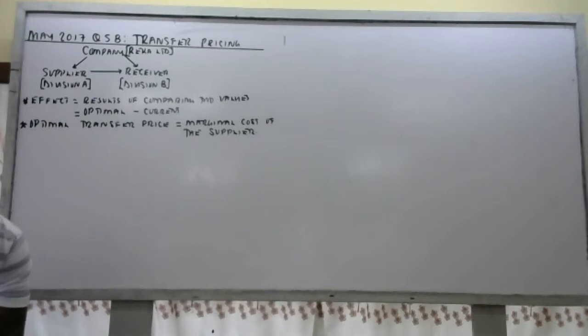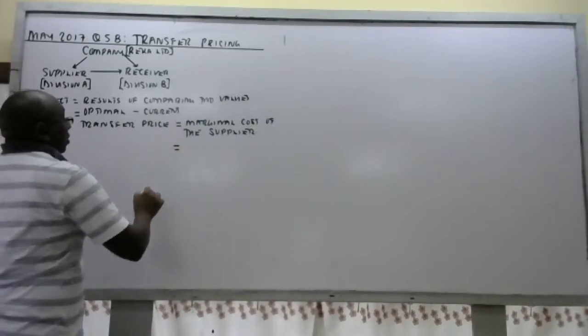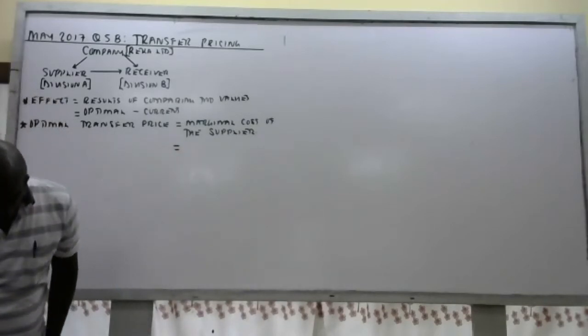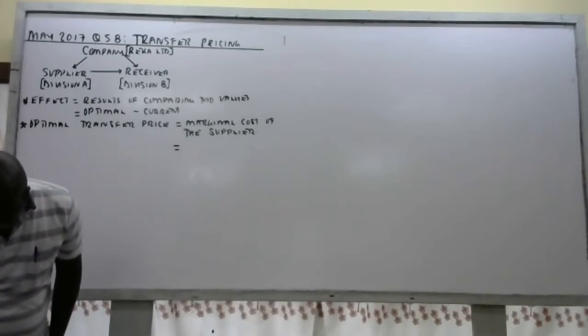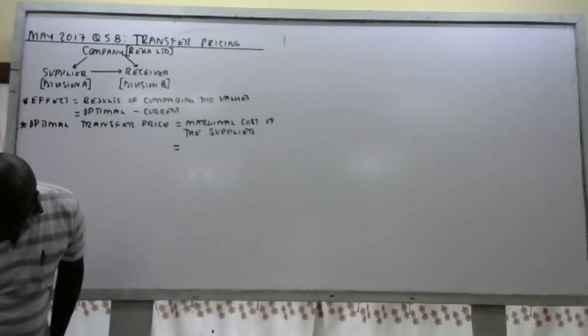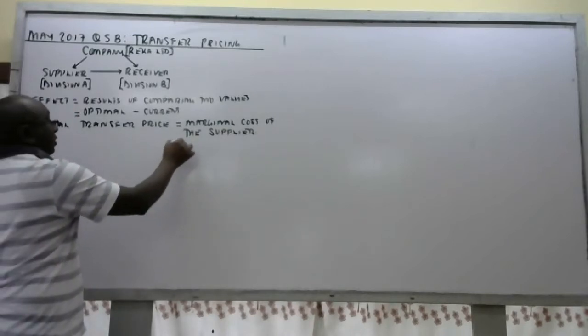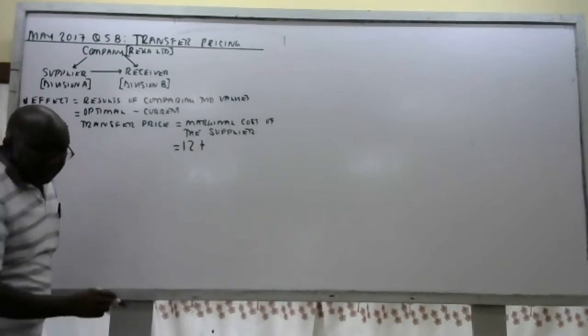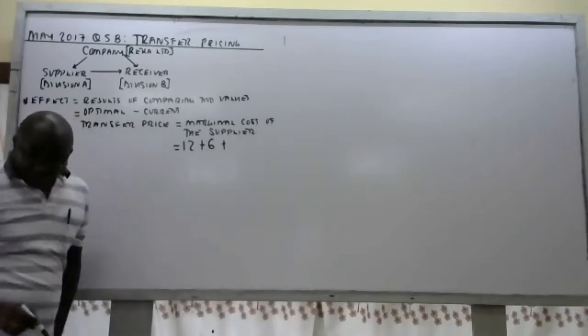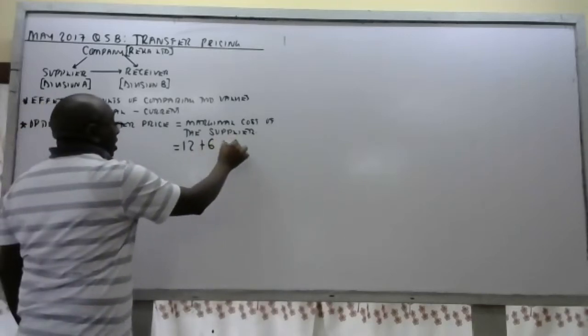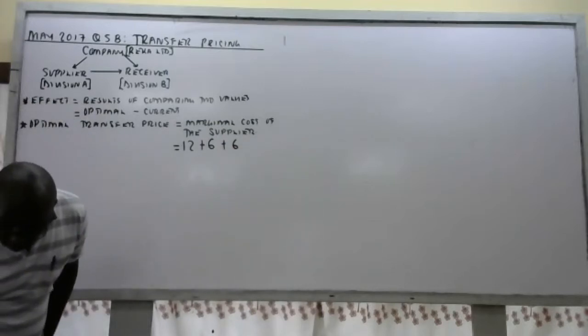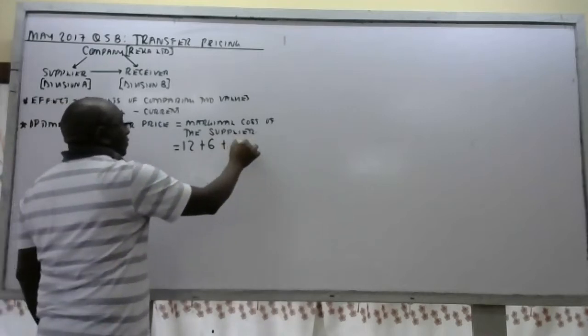So the marginal costs of this item, which is product RR, as you can see, we have the direct materials of 12 shillings, the direct labor of 6 shillings, the direct expenses of 6 shillings, and then the variable manufacturing of 6 shillings.